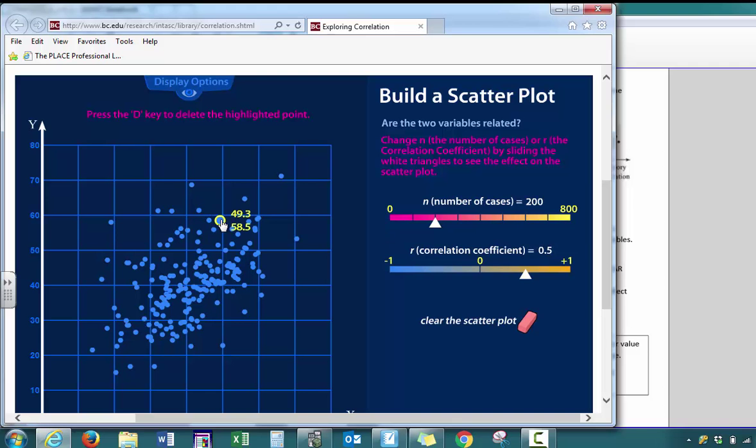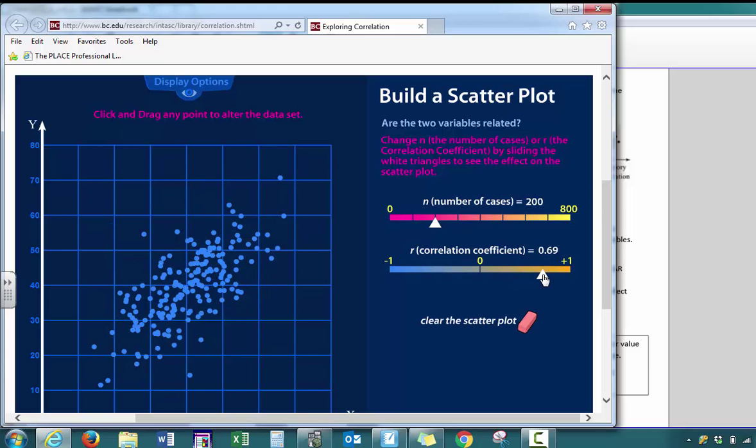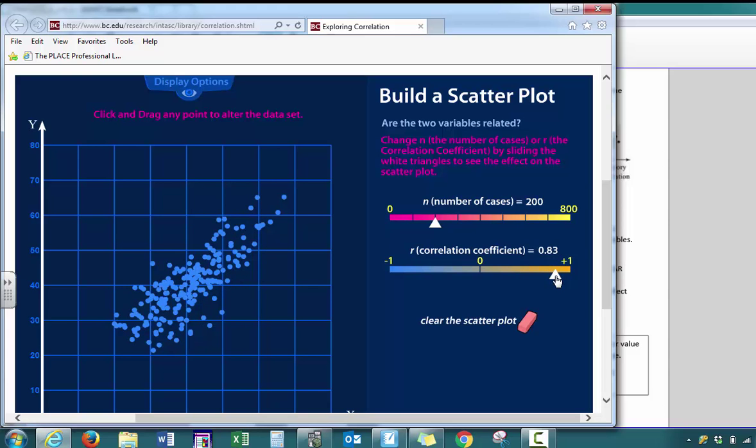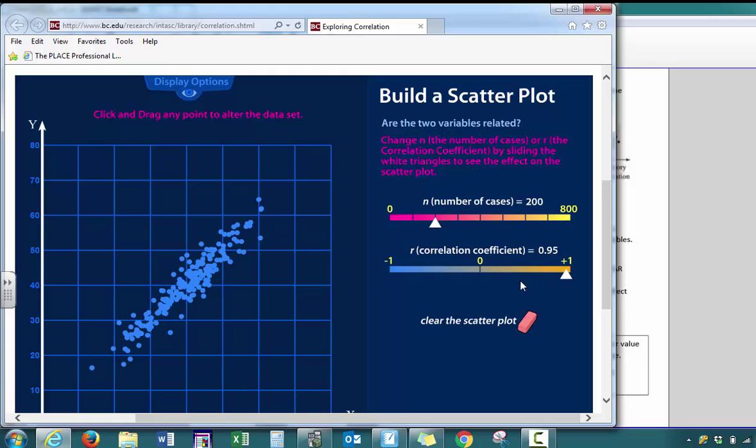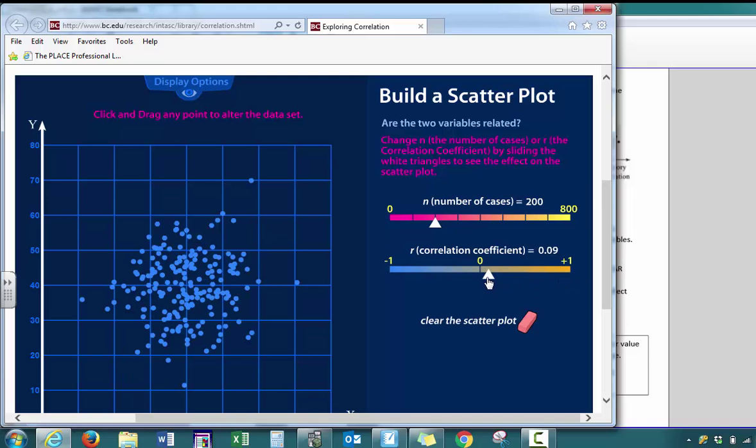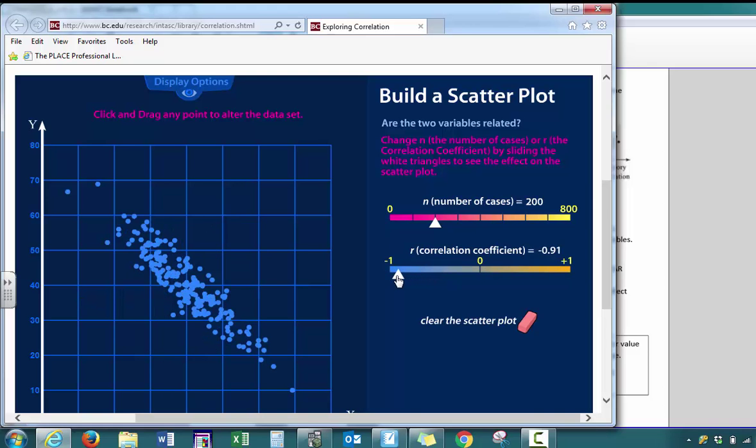If I take one point and just move that one point, that affects your value of r. It changes that particular value. You can also use these sliders to see what your scatter plot will look like if your r value is closer to 1, or what your scatter plot would look like if your r value is close to 0. Likewise, if it's close to -1.